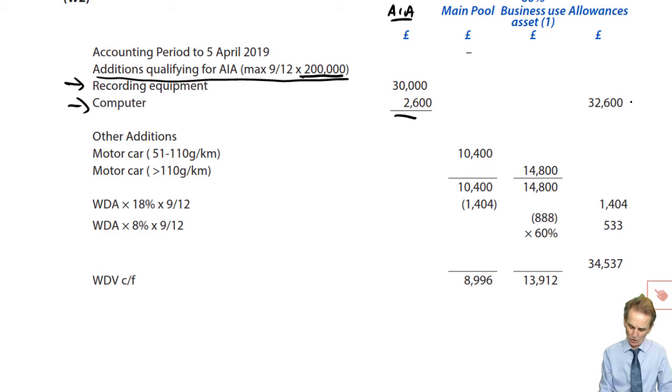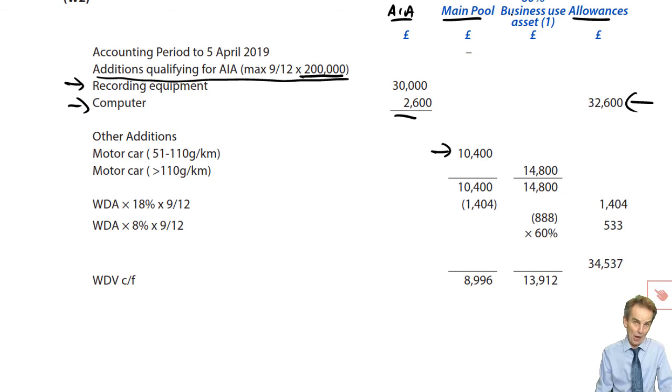So all of that expenditure is available in our allowances column as AIA. As we said, we'd bought 2 cars, one of which had no private use by the proprietor and CO2 emissions that fell between 51 grams and 110 grams per kilometre. So that expenditure was allocated to our main pool.